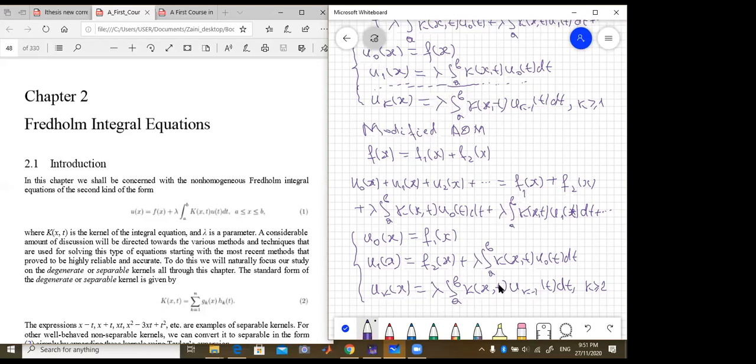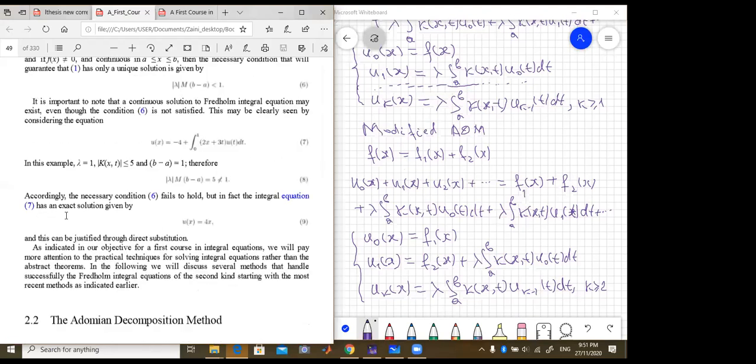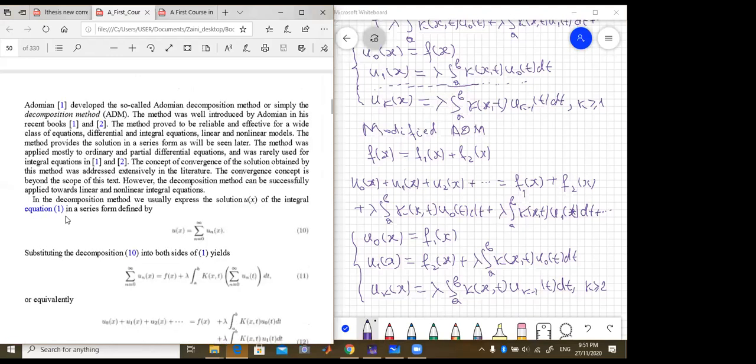Now you will see, I will show one example. If we solve it using the standard ADM, it gives the exact solution by a very long way. With the modified one, it is straightforward, very fast. That's why, in the previous class, I have shown already one example from here.